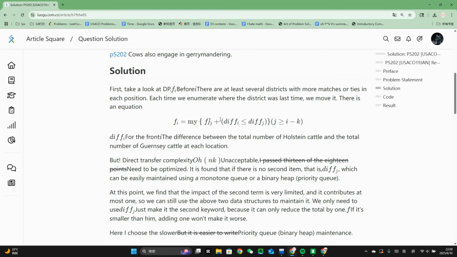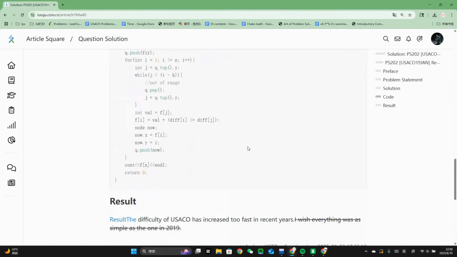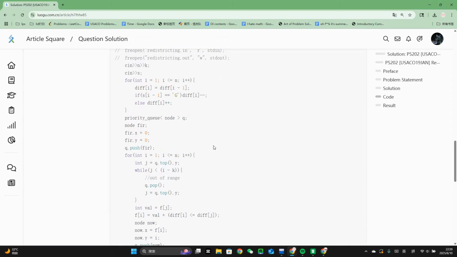And then for those tied ones, that's where this term comes into play. In my case, I use a monotone queue or binary heap priority queue. Okay, I just use the binary heap or priority queue of C++.